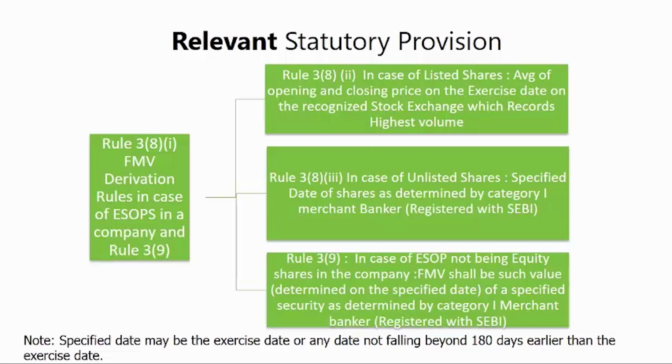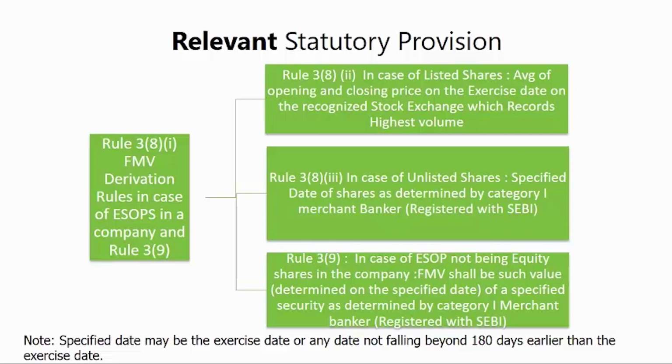In case of ESOPs not being equity shares, there are some incidences where ESOPs are granted even for debentures or other securities of the company. In those cases, the value of those stock options will be determined by the Category 1 merchant banker who is registered with SEBI.